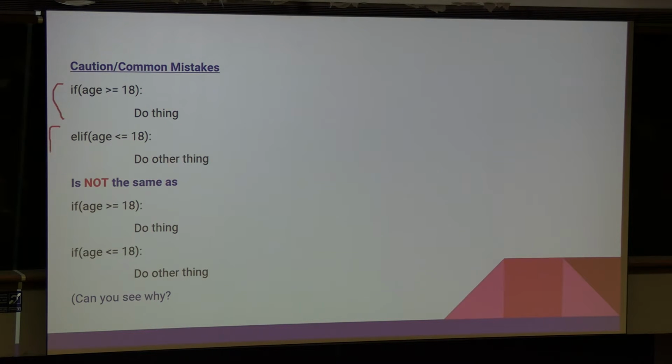Let's call this 1, this 2, this 3. Anyways, which ones will run if age is equal to 18? 4 will run, but there are also some other ones that will run. 1 and 3? 1, 2, and 3 will all run, and that's correct.